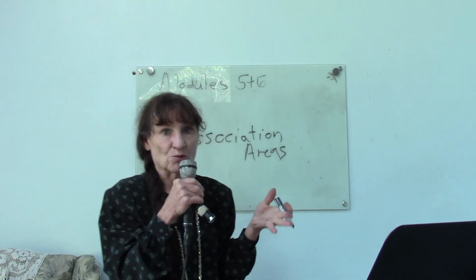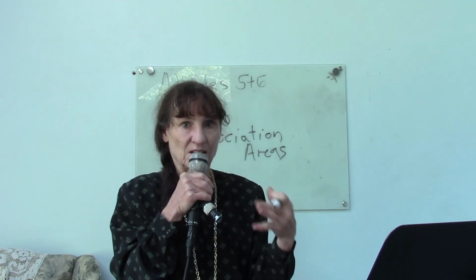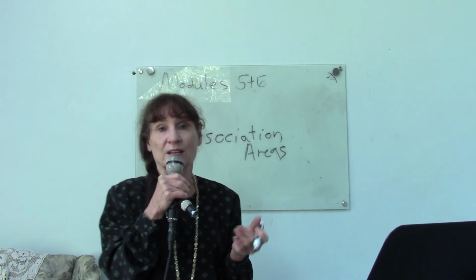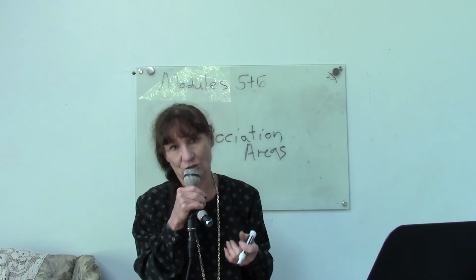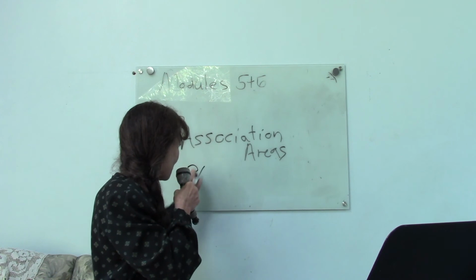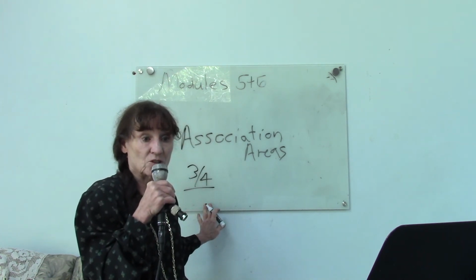So individuals used to think that association areas, as they're called, didn't do anything. Maybe you've heard this. It's a hard weed to get out of the garden, that we only use 10% of our brains. Well, that's not true. The association areas are about 3/4 of brain mass in your cerebral cortex.